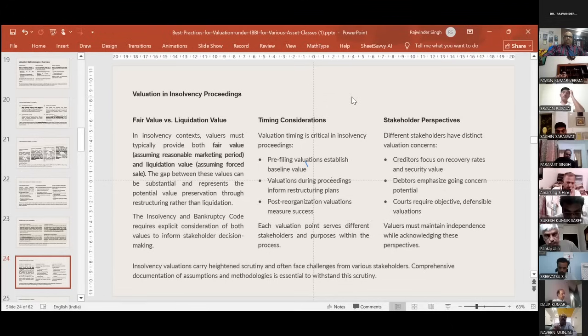So valuers must maintain independence while acknowledging these perspectives. Insolvency valuations carry heightened scrutiny and often face challenges from various stakeholders, so comprehensive documentation of assumptions and methodologies is essential to withstand this scrutiny.